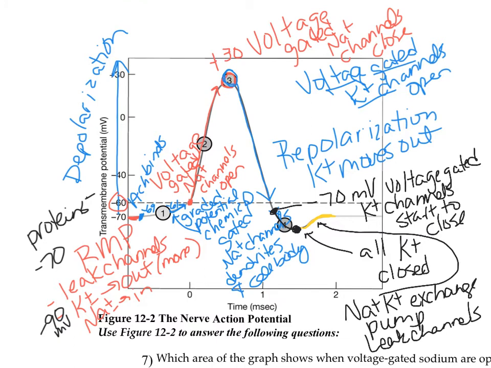Those two things are going to bring it back up to resting because sodium's been flooding inside the cell. Well, now we got to get rid of the sodium. So the pump is going to pump the sodium back out.